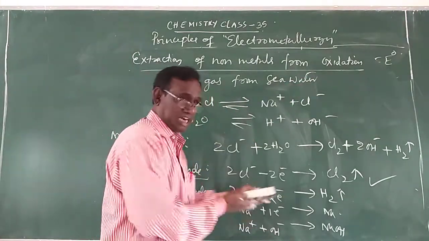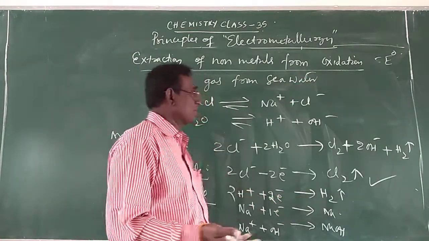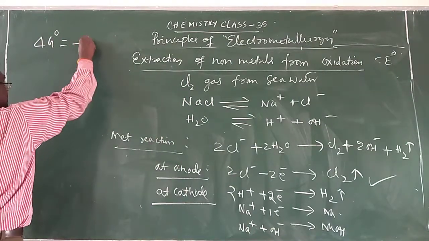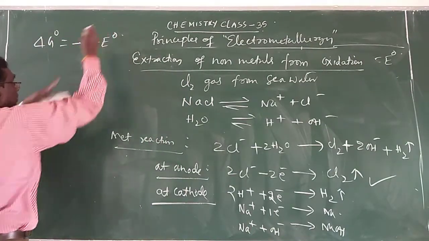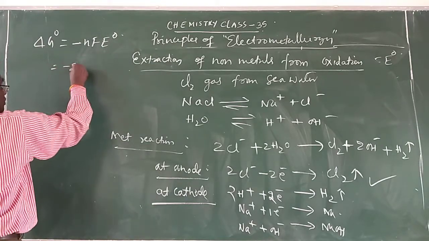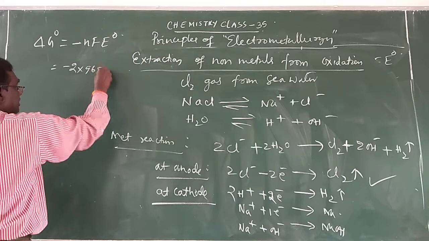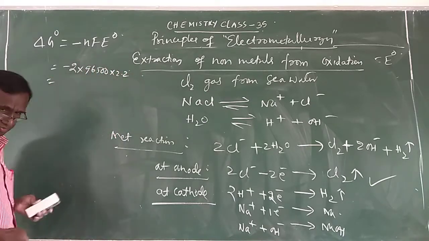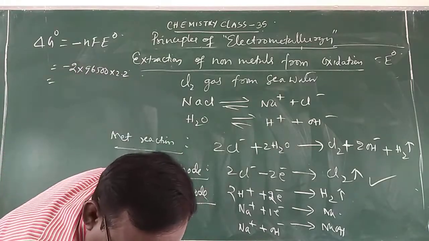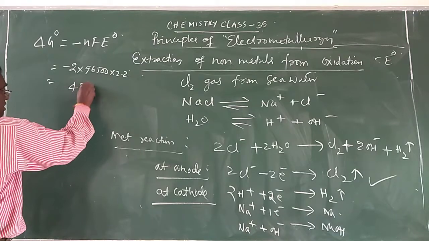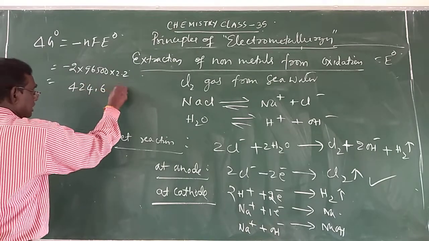We can calculate the delta G naught for this also, by using the equation delta G naught equals minus nFE naught. If you put E naught equal to 2.2, we get minus 2 into 96,500 into 2.2 volts, which is about 424.6 kilojoules per mole.